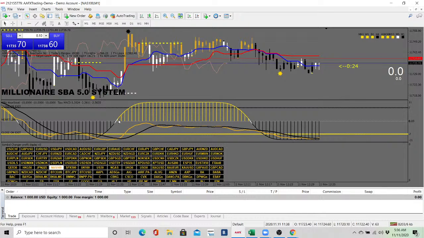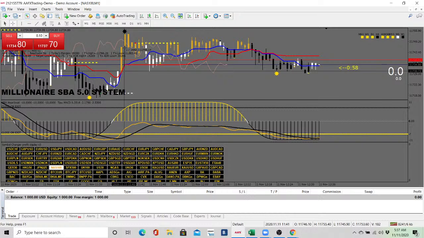So if you catch it right here and you hold the trade, let's see how many pips I would have caught. Let's say right here. That is 210 pips. If I had a goal of 100 pips, which I typically do on NAS, I would have caught it on this candle right here.